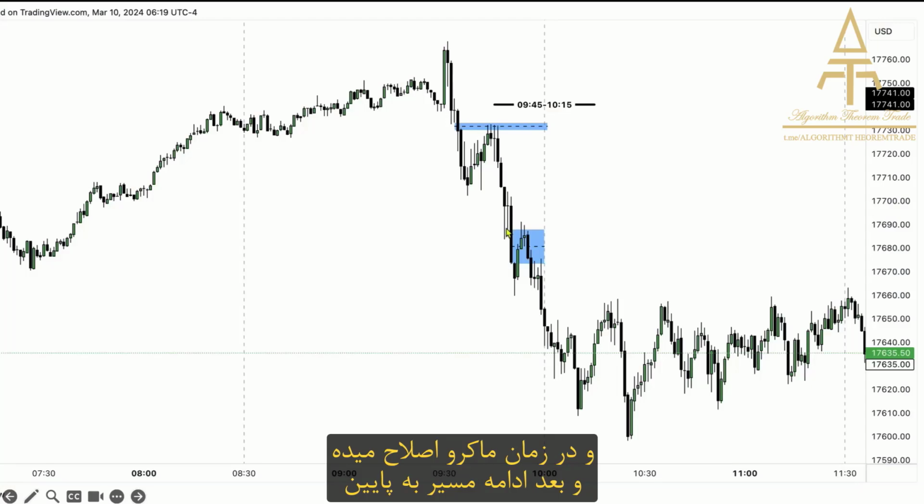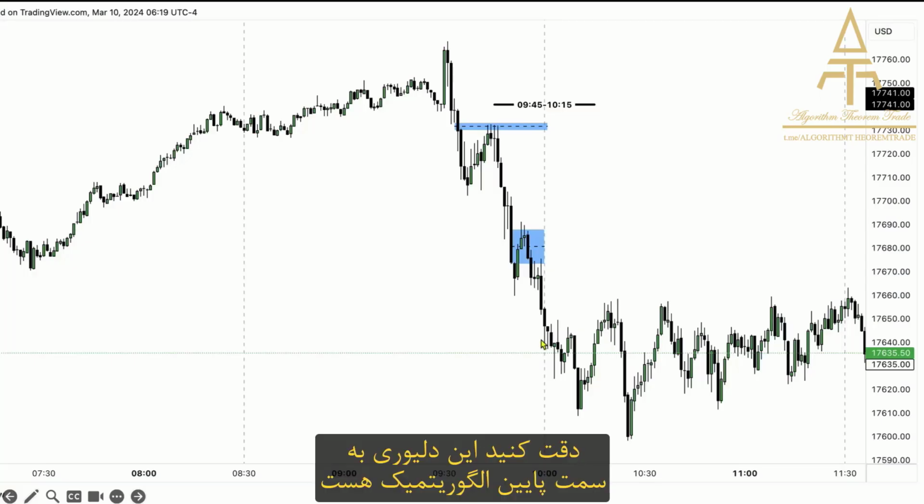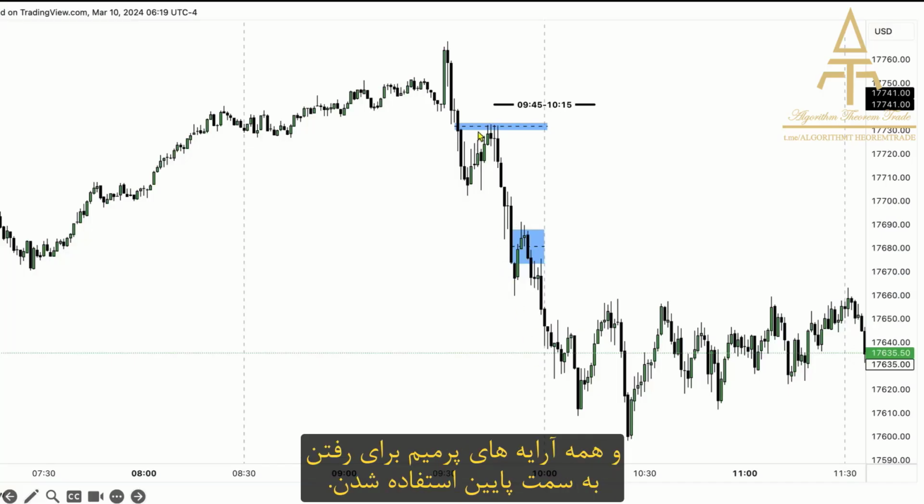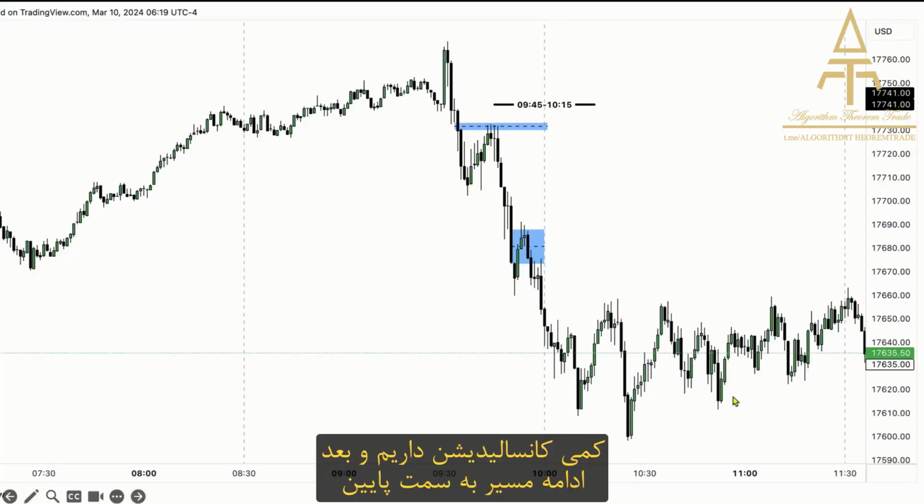During our macro, during our time of interest, market retraces and continues lower. Notice that this delivery right here is beautiful algorithmic price delivery where you see every single premium array get utilized as resistance on price to continue lower. Market consolidates right here, eventually goes even lower.